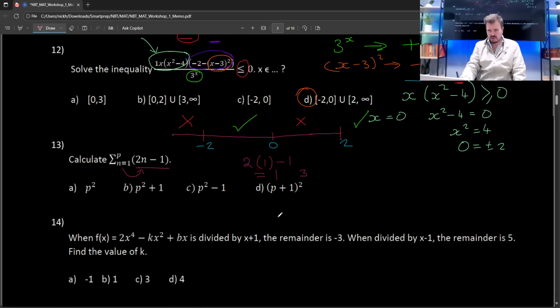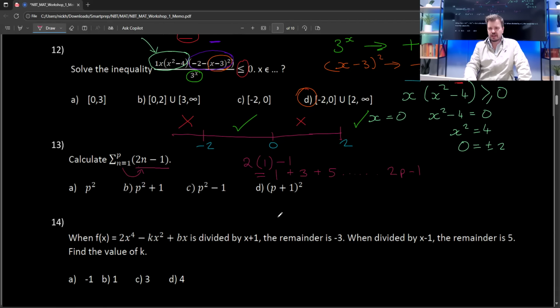And so we go all the way up. 2 times 3 will be 6 minus 1. And so we go all the way up until we get to P, and 2 times P will be 2P minus 1. And you've got to add up all of these terms.